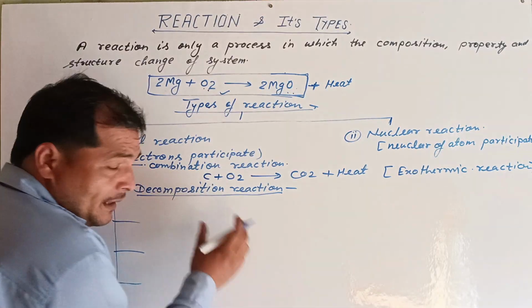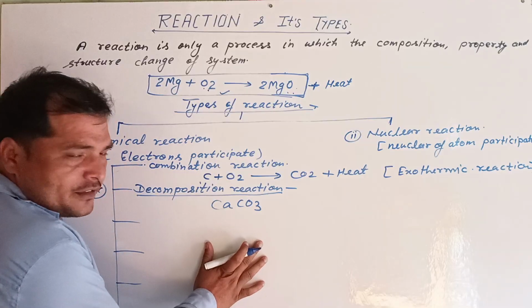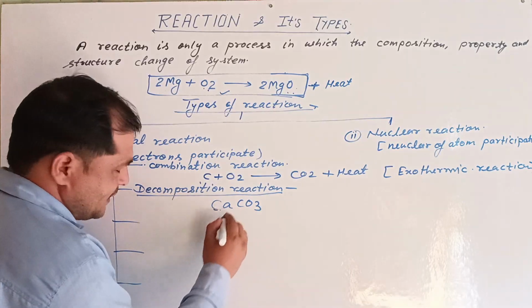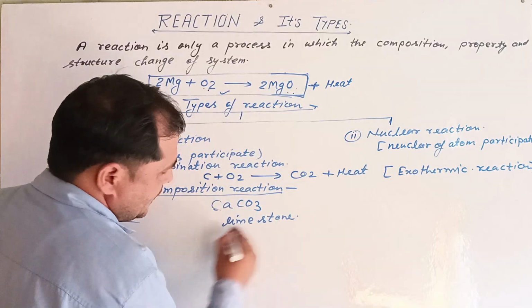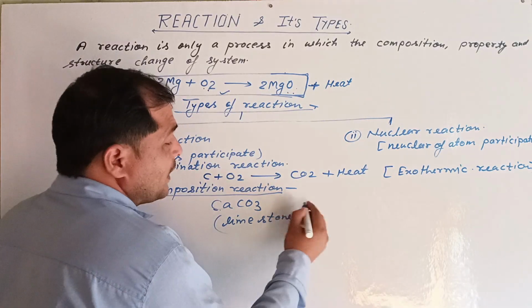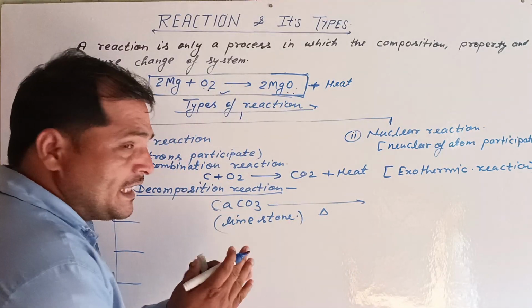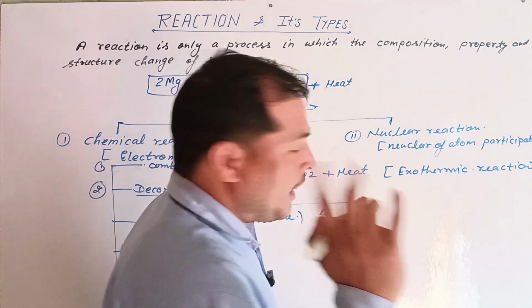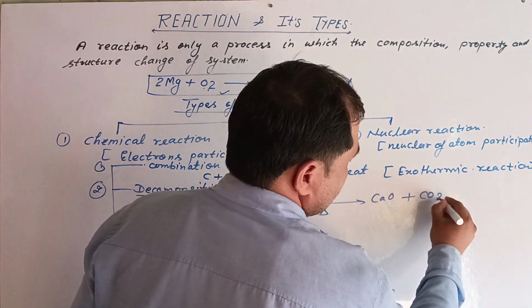Suppose that we have CaCO3, calcium carbonate. It is known by the name of limestone. When we provide heating energy to limestone, it is decomposed into two parts, CaO, calcium oxide, plus CO2.